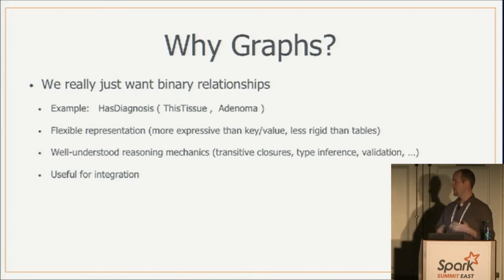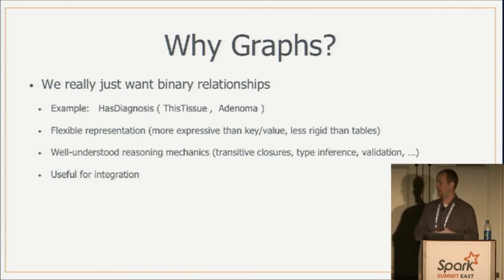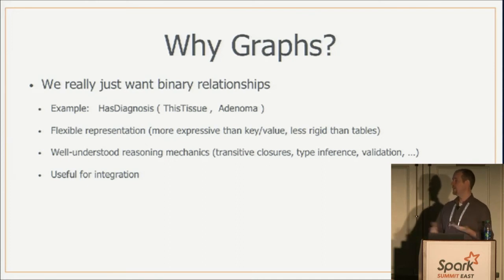At the same time, these are more expressive than key values. Key values are pretty flexible, but it's pretty hard to describe an extremely complex system just with a set of key values. Another reason we're using these is that there's a huge literature about doing logic on binary relationships. You can do transitive closures, subsumptive reasoning. It's all pretty easy, and that's very useful for us for validation purposes and for integration purposes.